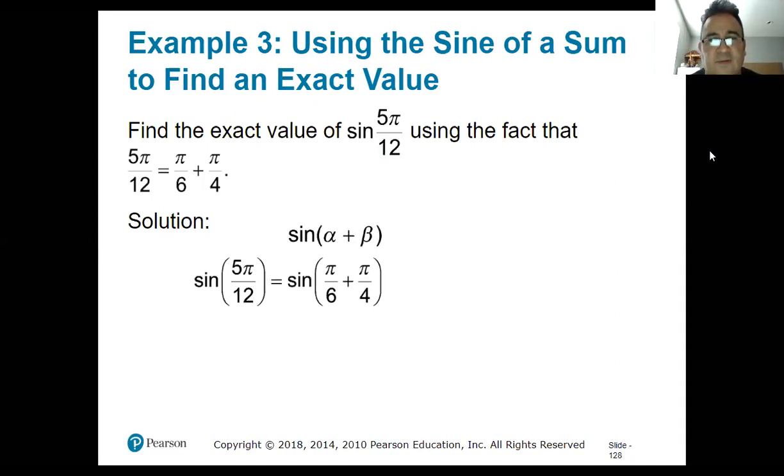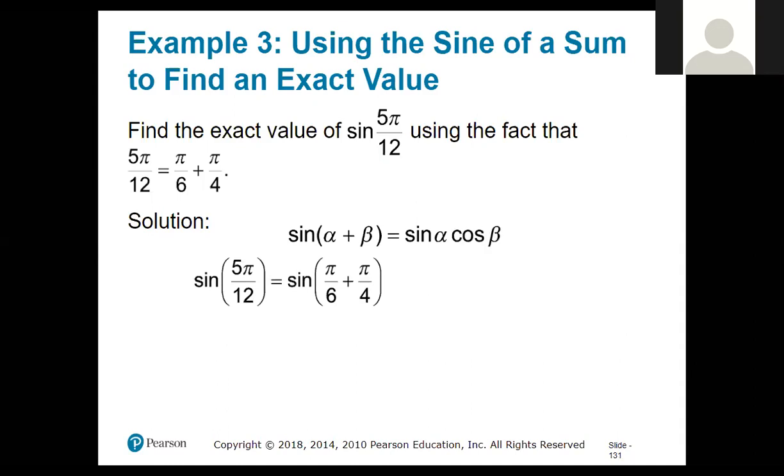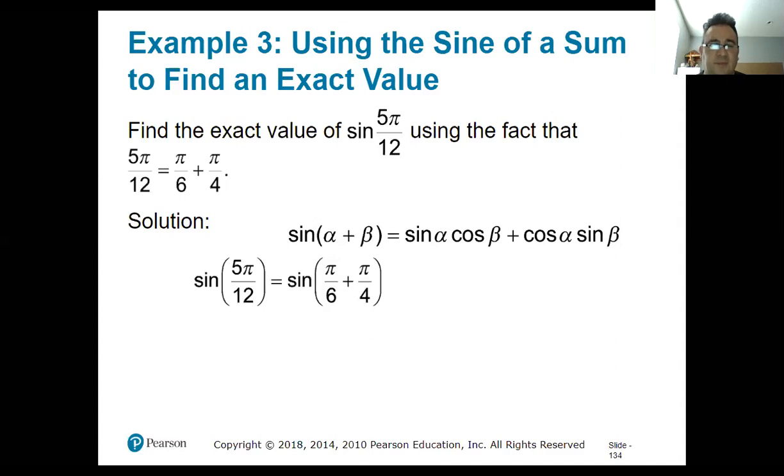Sine of alpha plus beta is equal to sine of alpha times cosine beta plus sine of beta times cosine alpha. Got it? All right.